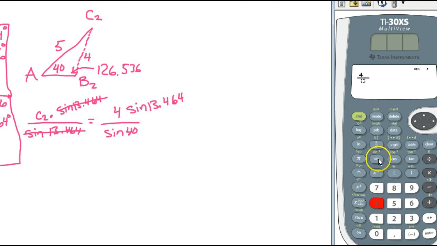So all I have to do is put this in my calculator. I have 4 sine 13.464 over sine 40.